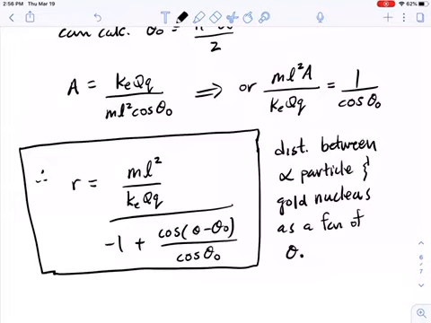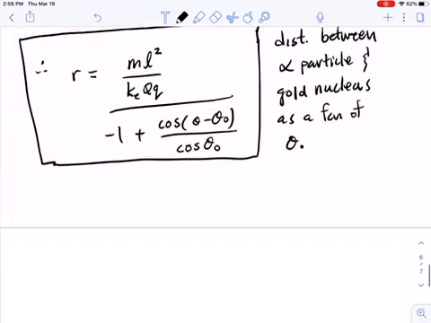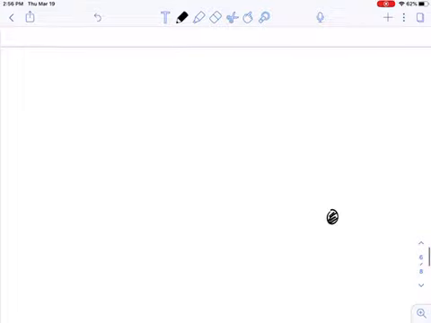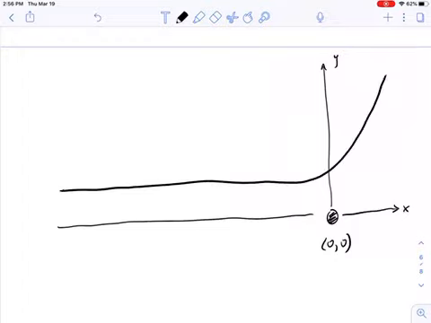So before I stop this video, I plotted the position of our alpha particle for a bunch of different angles. How could you do that? Well, if you were to set your gold nucleus at a position of 0, 0, we could make a y-axis here and an x-axis here, and your alpha particle is going to come along and scatter.